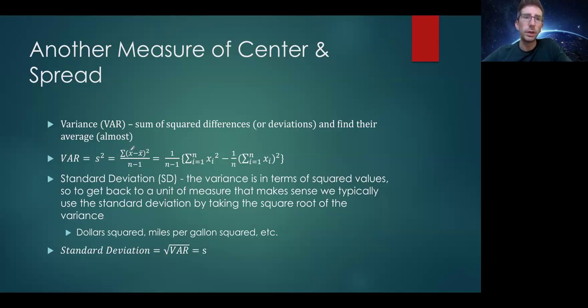If the first x value is smaller than our mean, just like in our data set, if we take 1 minus our mean of 4, we get -3. But if we take 6 minus our mean, we get +2. If we add +2 and -3 together, that total difference is only 1.